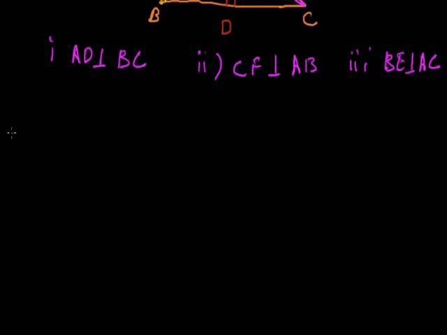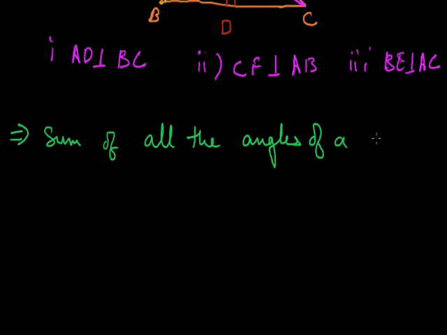Now we come to the most important property of a triangle, that is, the sum of all the angles of a triangle is 180 degree.